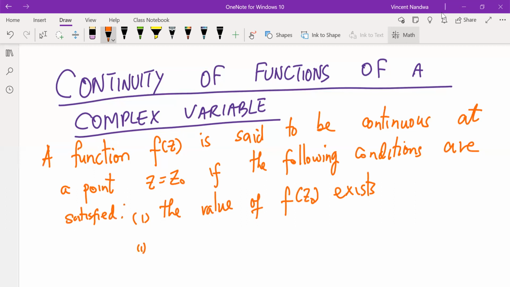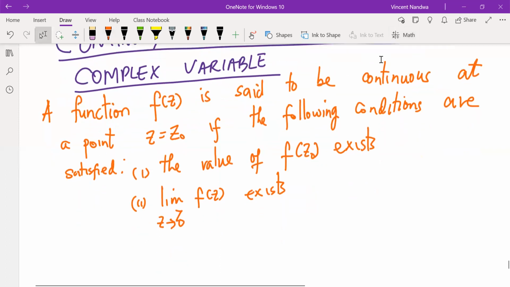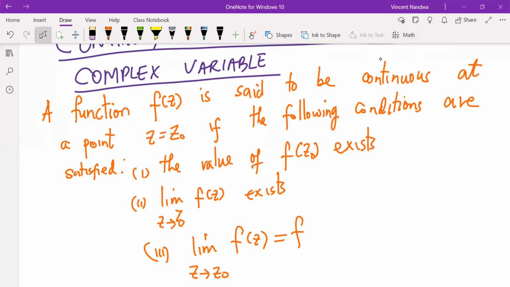And then number two, the limit as z approaches z naught of f of z exists. And then the limit as z approaches z naught of f of z equals f of z naught.